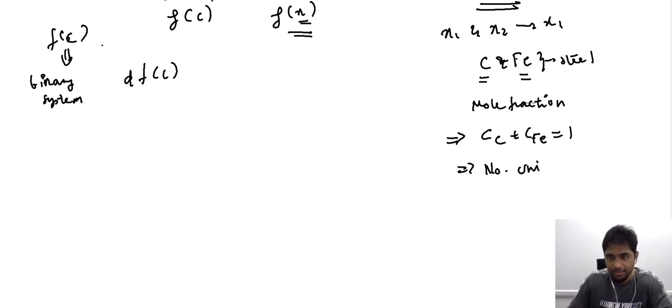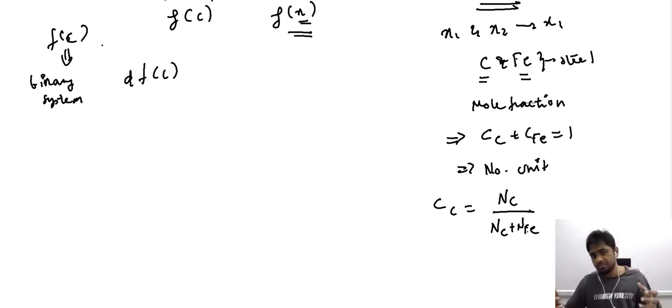So if you recollect the expression for the mole fraction, particularly the mole fraction of carbon, it can be expressed as the number of moles of carbon divided by the sum of the number of moles of carbon and the number of moles of iron. So the total number of moles of component atoms present is the denominator, and the numerator is the number of moles of our desired component.